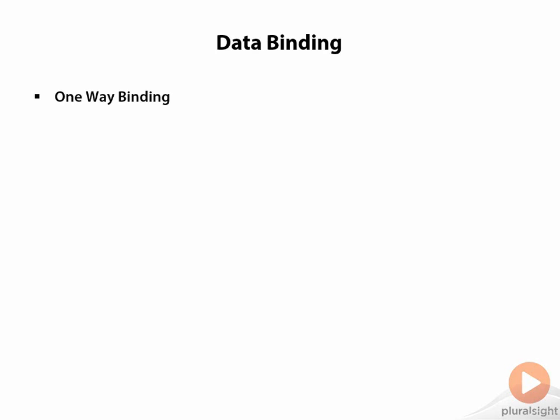The simplest form of data binding is one-way binding, in which data is bound from its source, that is the object that holds the data, to its target, that is the object that displays the data. In two-way binding, the user is able to modify the data through the user interface and have that data updated in the source.